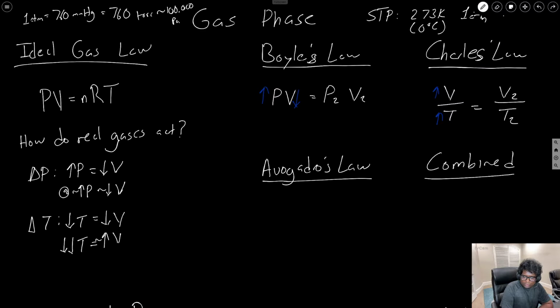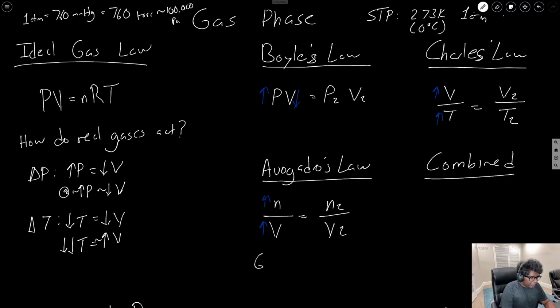Avogadro's law. I should have written Gay-Lussac's law actually, but I'll write it somewhere else here. Avogadro's law states that moles over volume is also directly proportional. So, likewise, if you increase that, you also have to increase that to maintain that.